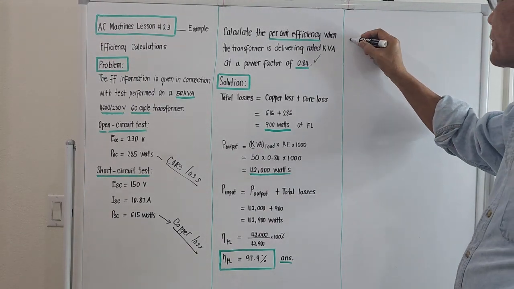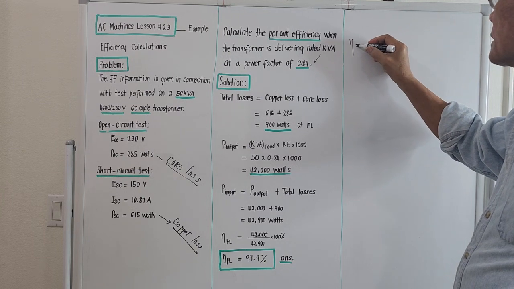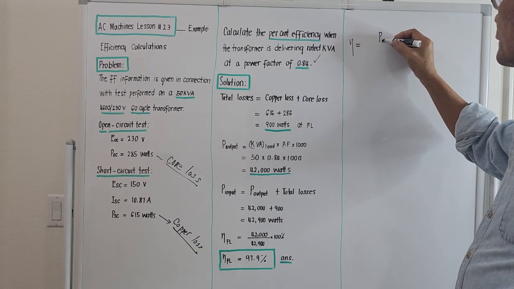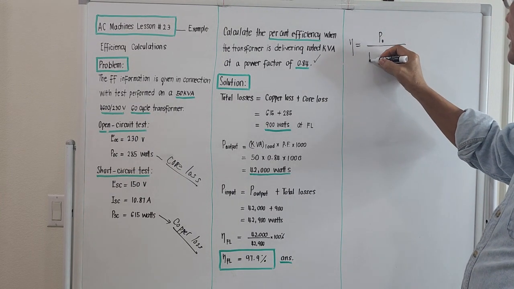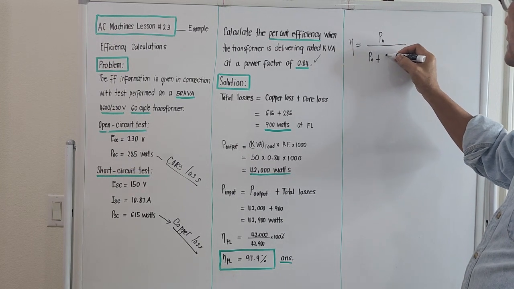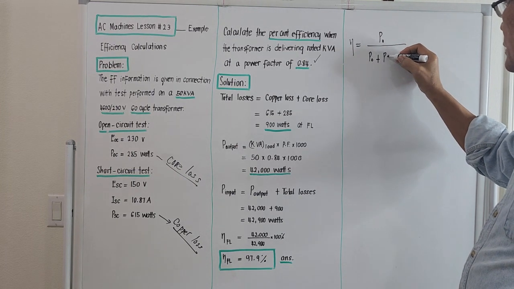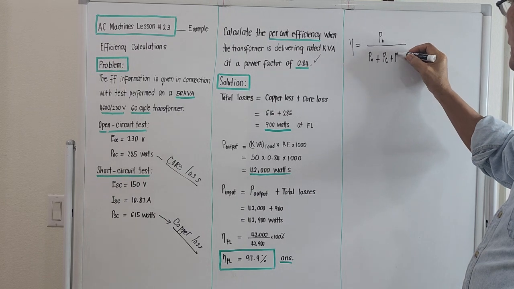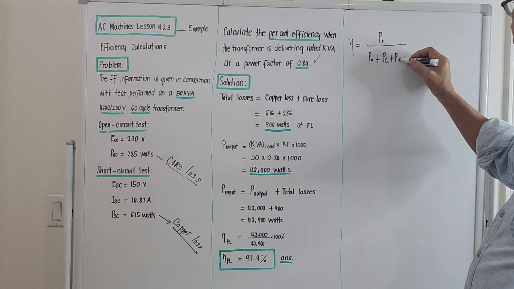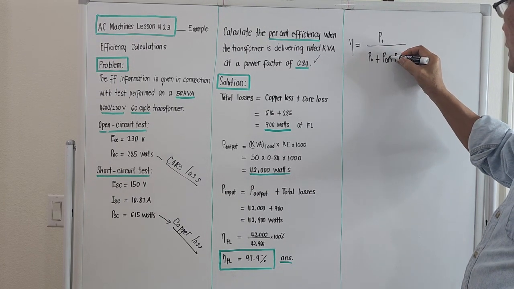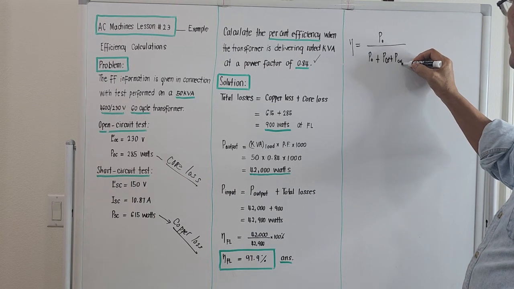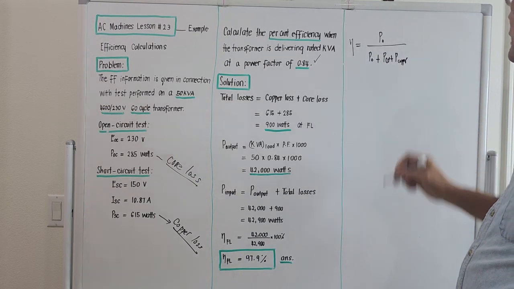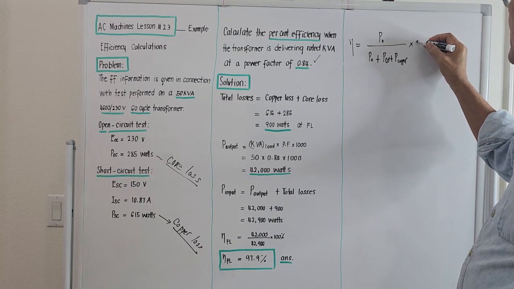That is, efficiency is actually power output over power output plus the core loss plus the copper loss. This is multiplied by 100%.